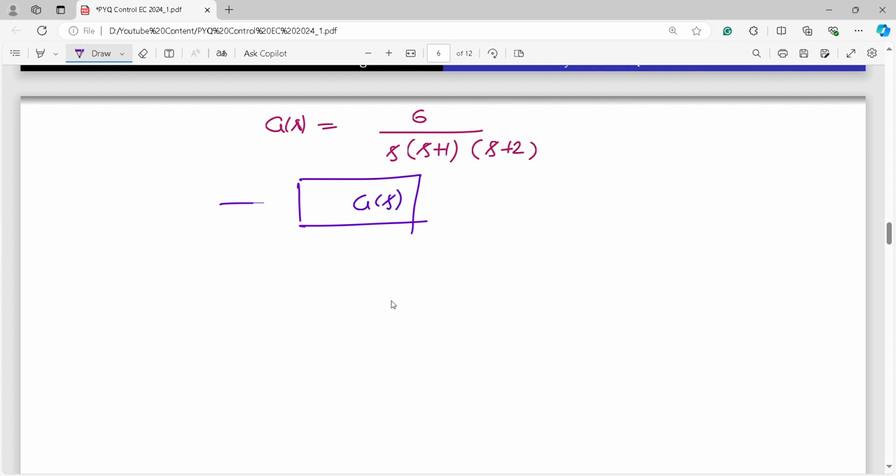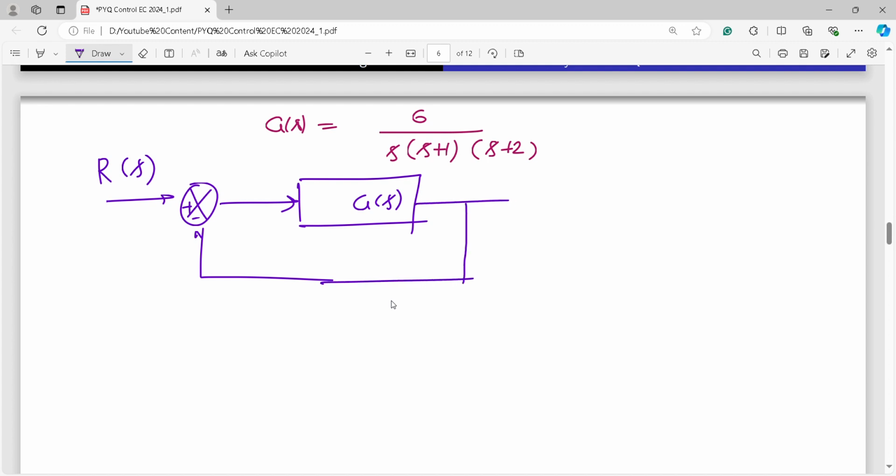G(s), okay, this is our input R(s) in the Laplace domain, everything I am writing here. This is the output. Okay, so this is negative feedback, and here we are putting unity feedback. Okay, H(s) is equal to 1.